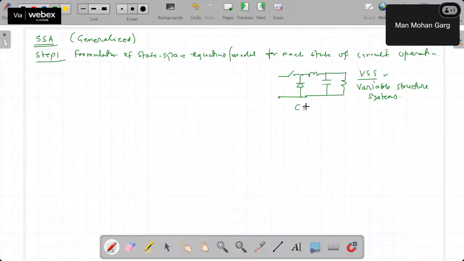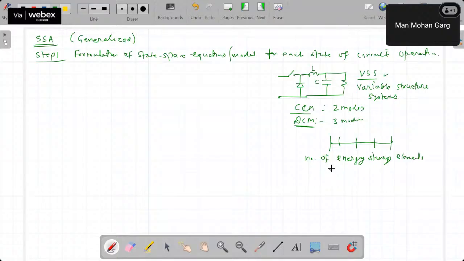For DCM types we get three. The elements decide these states, right? So if there is one inductor and one capacitor, there are two states, or second order.